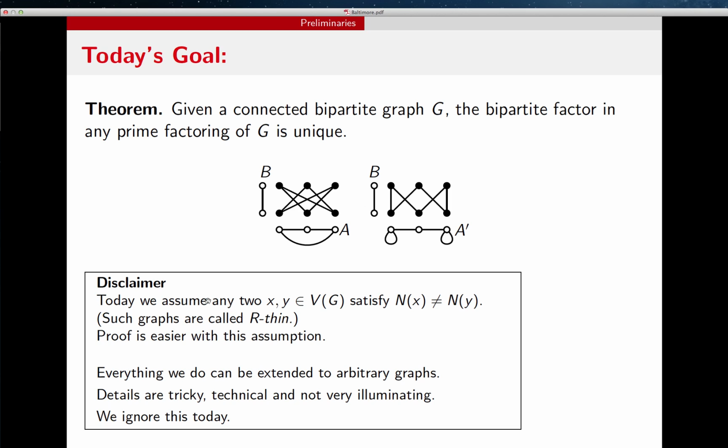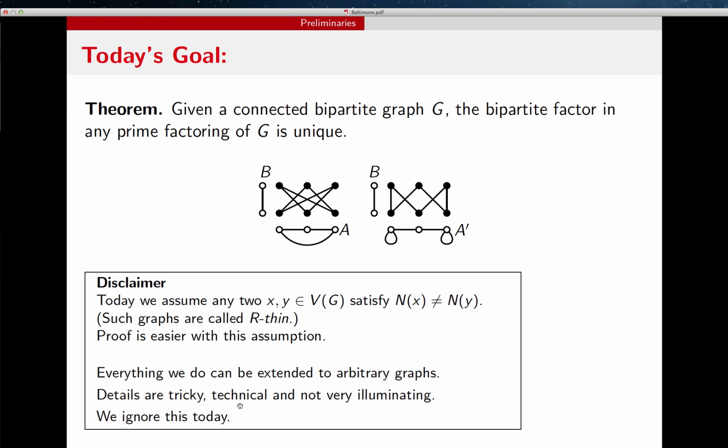Now, I'm going to issue a disclaimer just to make the discussion simpler. Today we're going to assume that for any two distinct vertices x, y of our graphs, their neighborhoods are not the same. Such graphs are called R-thin graphs. It turns out the proof is a lot easier with this assumption. Everything we do today can be extended to arbitrary graphs, but the details are tricky, they're technical, and not very illuminating.